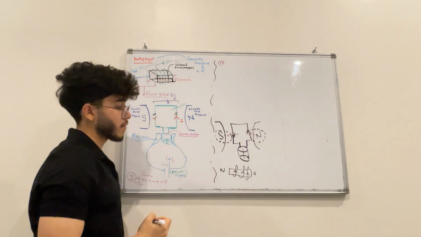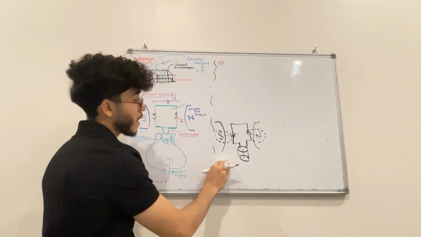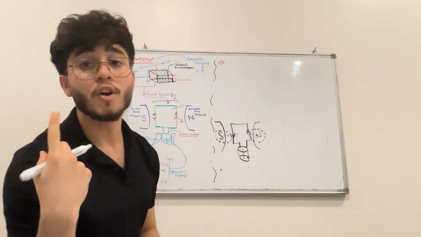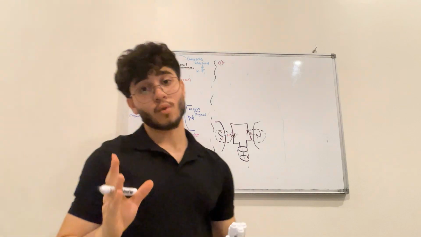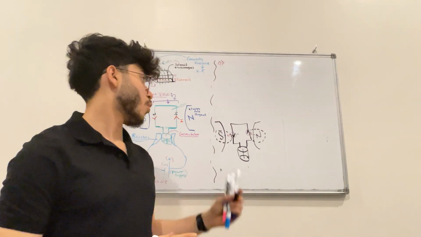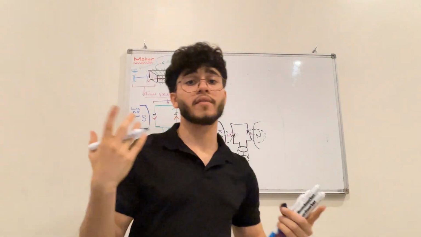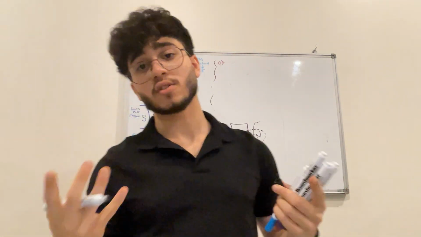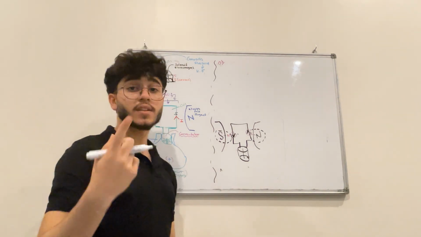Now, what's the purpose of the commutator? The purpose of the commutator is very simple. The commutator will reverse the current every half spin. Now, look at this, okay? Whoever said switch the magnets every half spin to make it a full spin, prevent this problem, we can do that, but it will take too much time, too much energy. Why don't we just put something that will reverse the current?